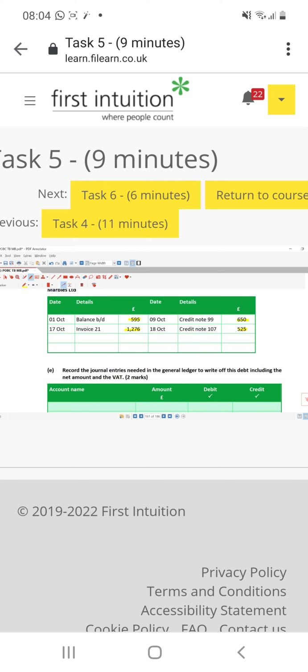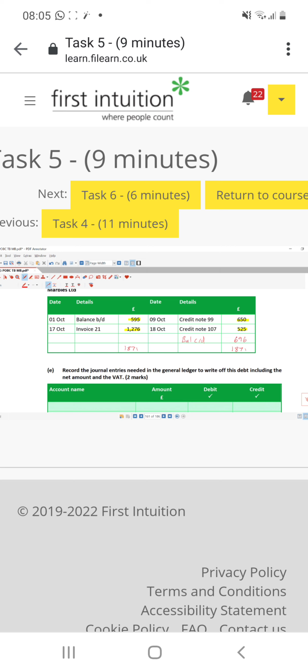How I've come to that is that if I balance off this T account, the higher side again is the debit side here, which comes to 1871, so should the credit side, and therefore I have a balance carried down of 696. So I know this is the amount that I have to write off.